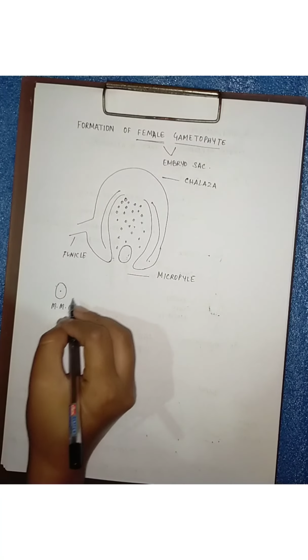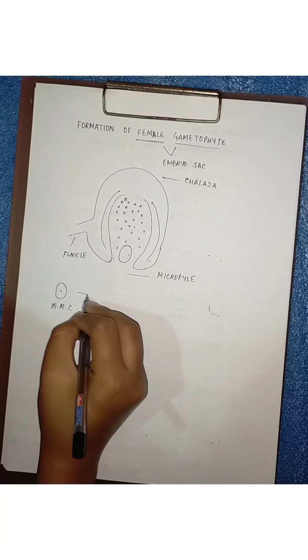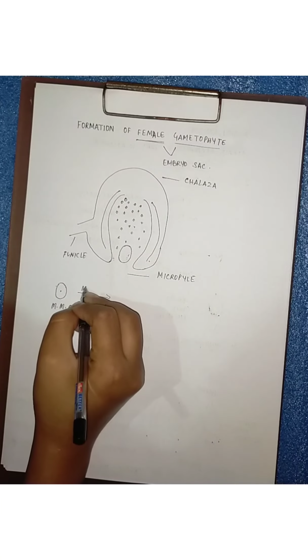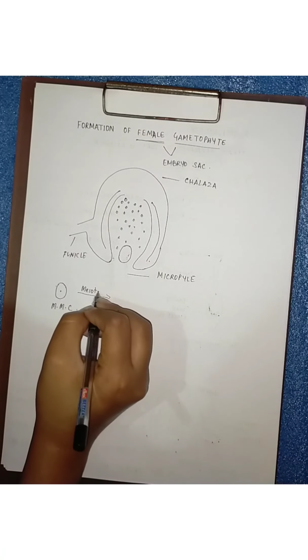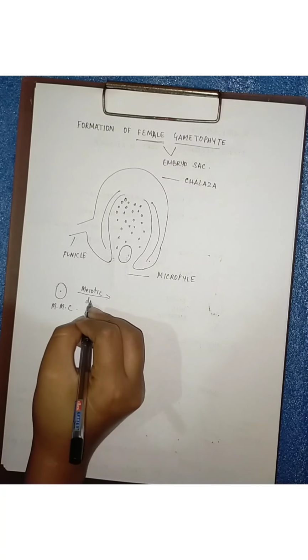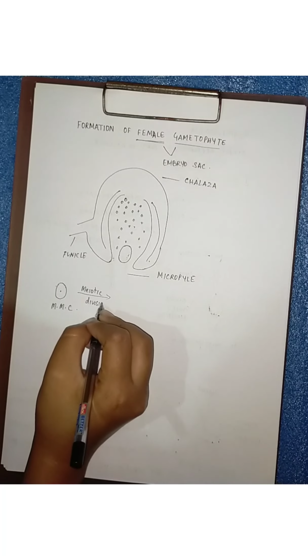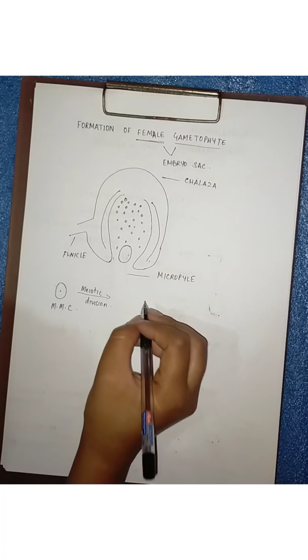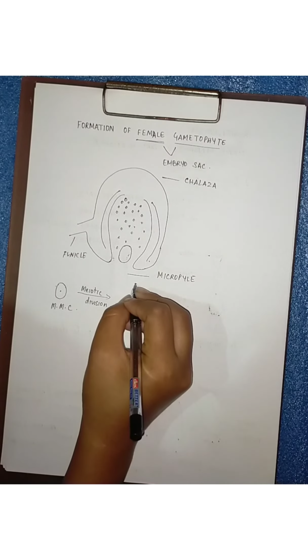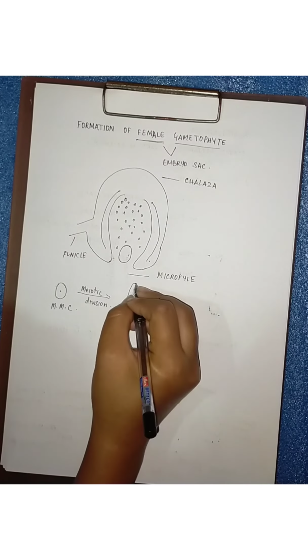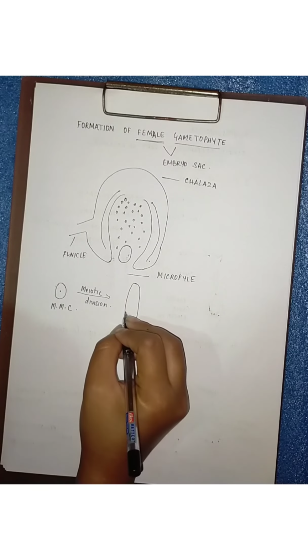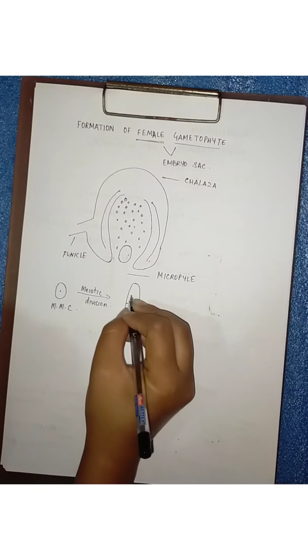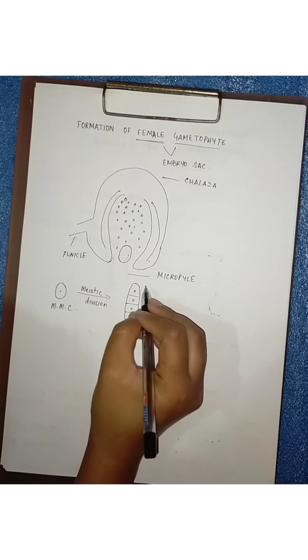So this megaspore mother cell will undergo a meiotic division and it results in a tetrad. 1, 2, 3, 4.